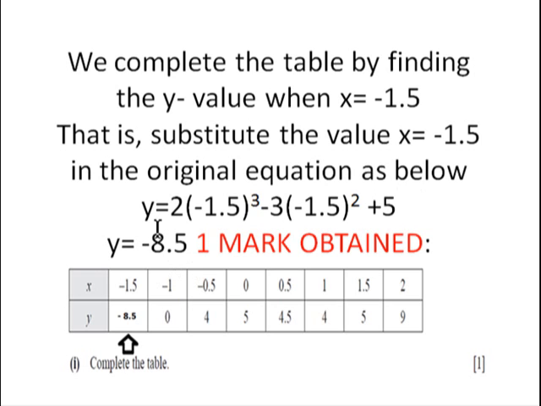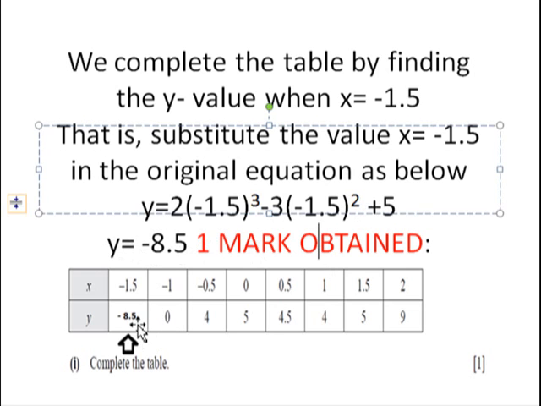So your y value becomes equal to 2, where there is x in the original equation, substitute minus 1.5, then it becomes 2 times minus 1.5 cubed minus 3, open brackets, minus 1.5 squared, plus 5. You get your y value to be equal to minus 8.5, and that's 1 mark.